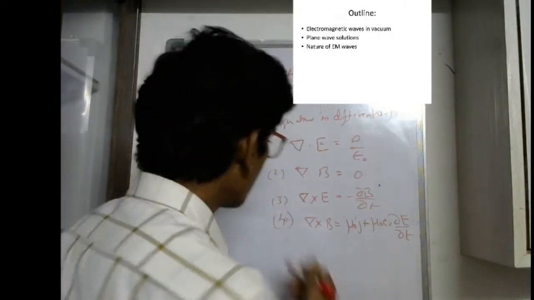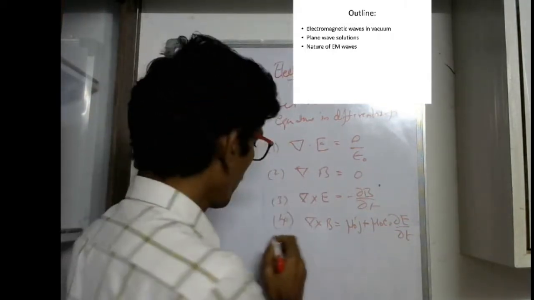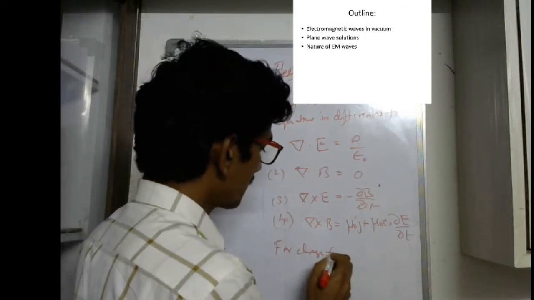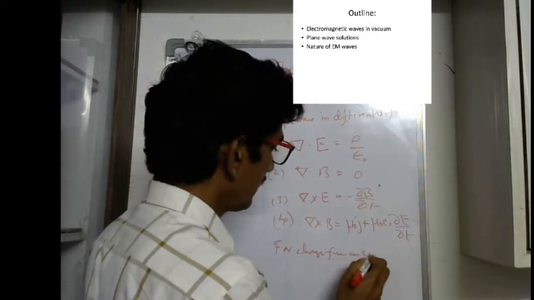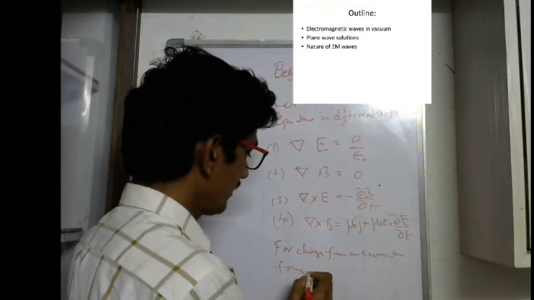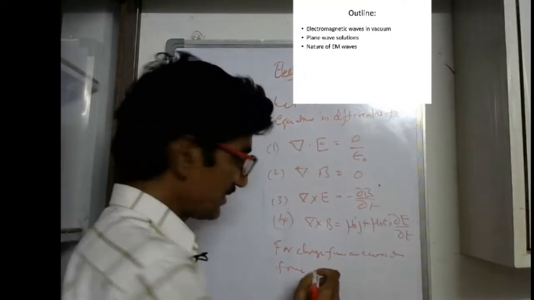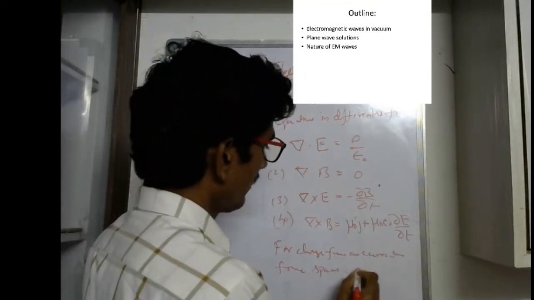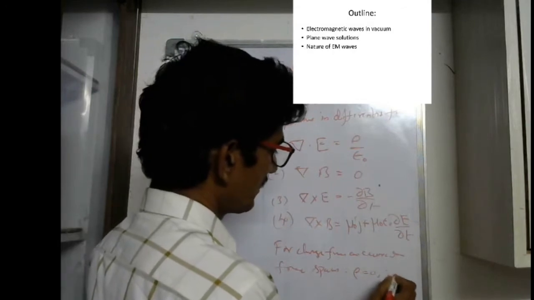So for charge free and current free spaces, rho is equal to 0, J is equal to 0.